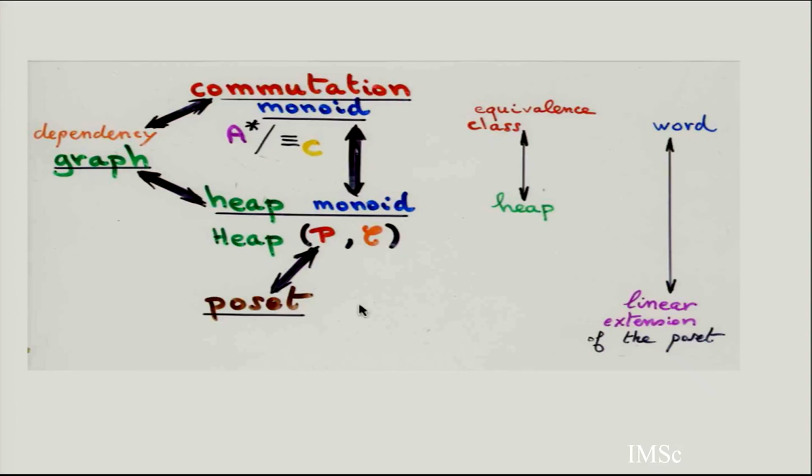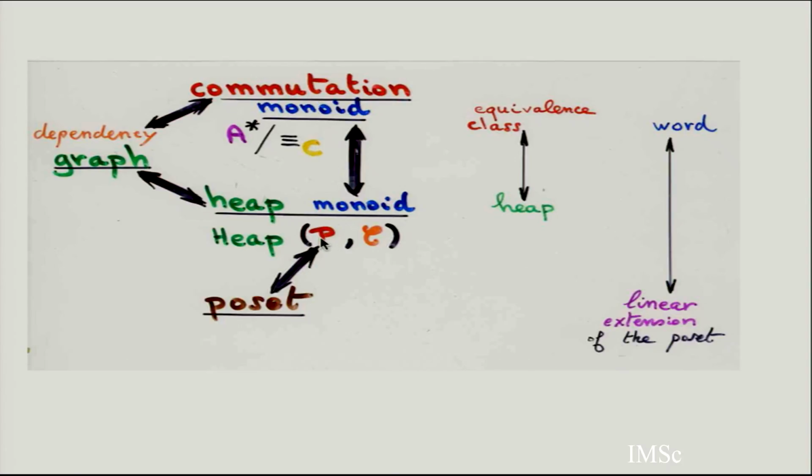So in summary, this whole picture is a summary of everything I have done. You have a certain binary relation, which defines a graph, in fact, a dependency graph. Usually, two vertices are connected by an edge if the two elements are in dependency. They do not commute. So this gives you a commutation monoid for the relation, the complementary of the dependency relation.